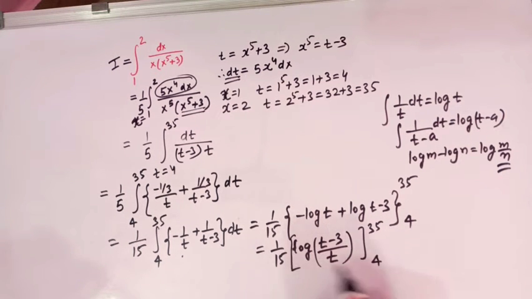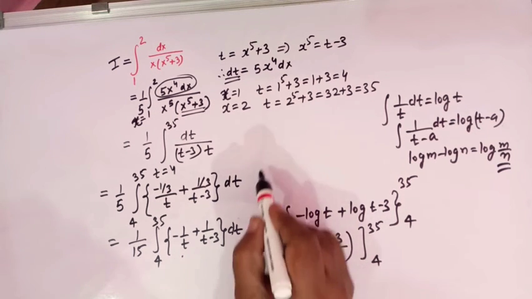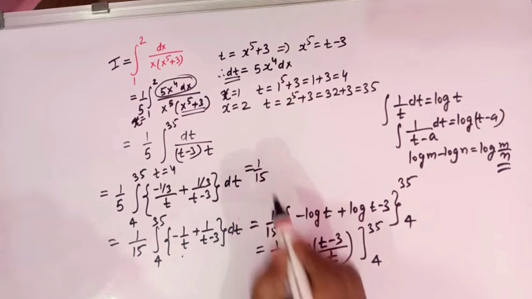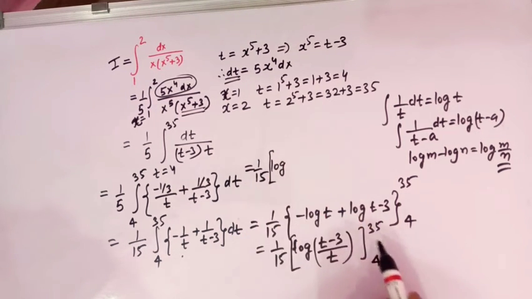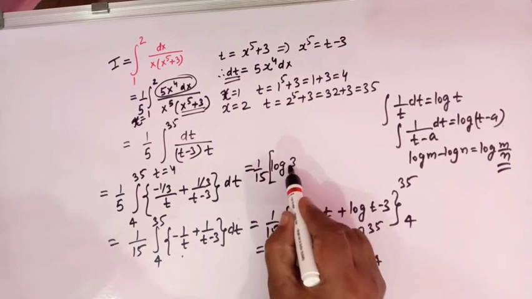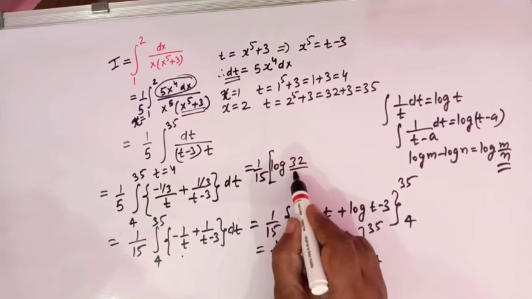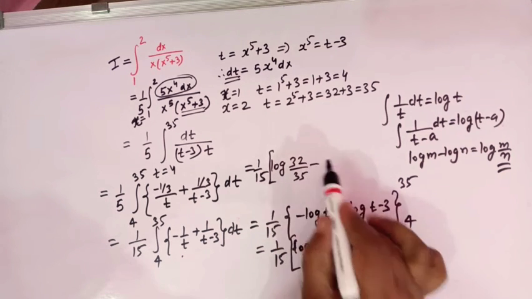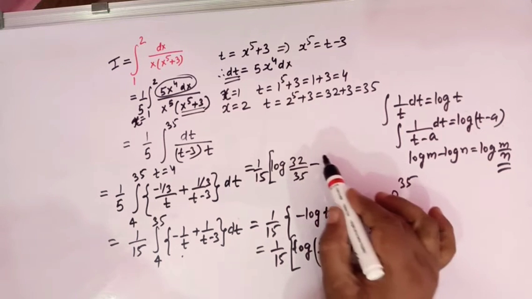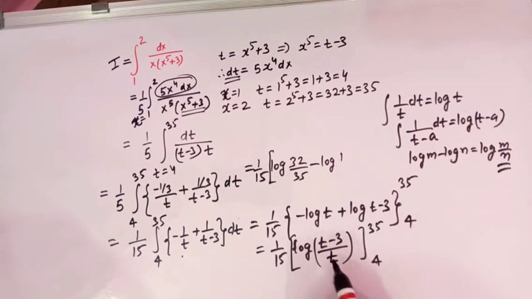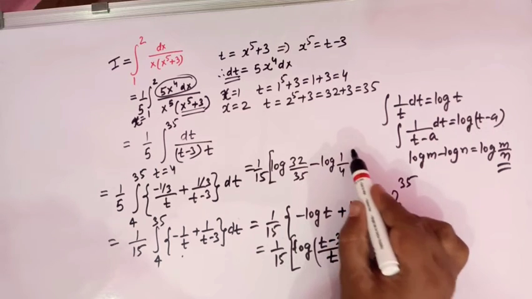Now we can simply substitute the limits and take the difference. So this is 1 over 15, and here we have log, when we take 35, this is 35 minus 3, 32 over 35, minus, and when we take 4, 4 minus 3 is 1, divided by 4.